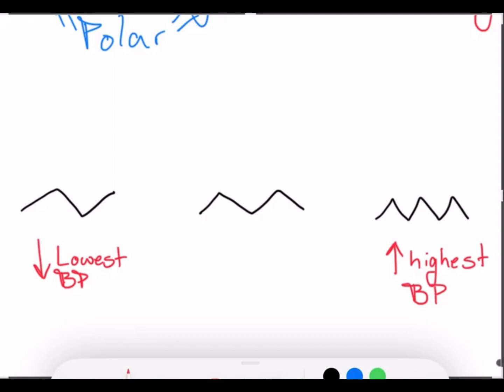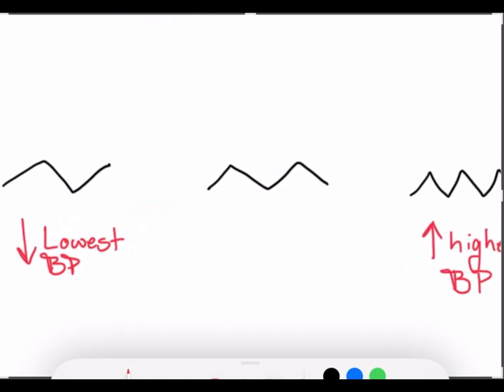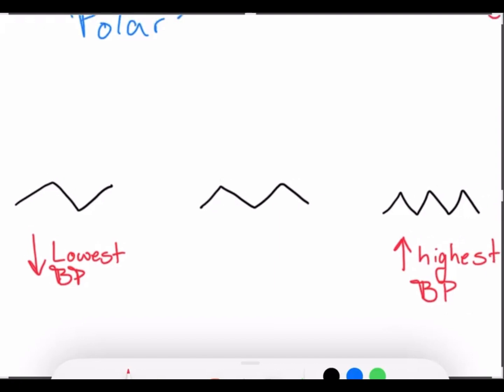That is because the molecule on the left has fewer carbons to form London dispersion bonds with. It is a smaller molecule, so it is going to boil at a much lower temperature. And if you're wondering, this molecule boils at, I believe, below 0 degrees Celsius, whereas the one on the right is boiling at least over 30 or 50.